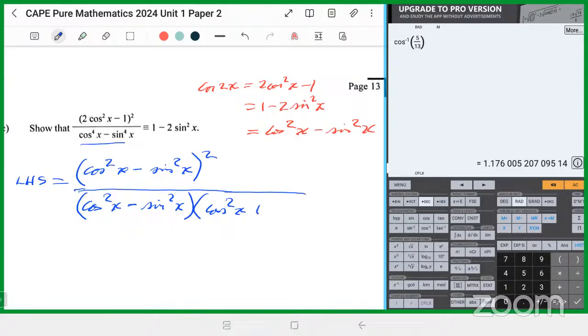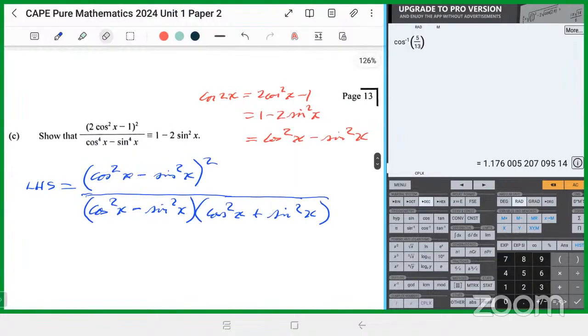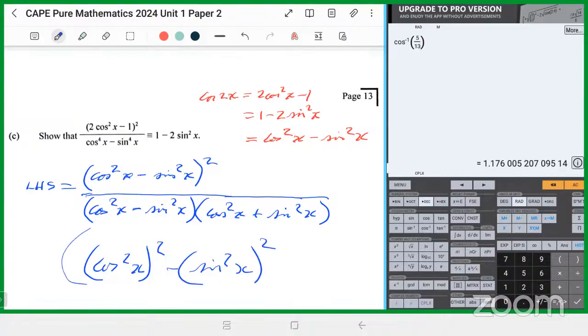That's this expression under here can be written as that. All right, because it is the same. This expression under here is the same as cos squared x squared minus sine squared x squared. That's why I'm able to write it as a difference of two squares like that. Okay, so that is that.